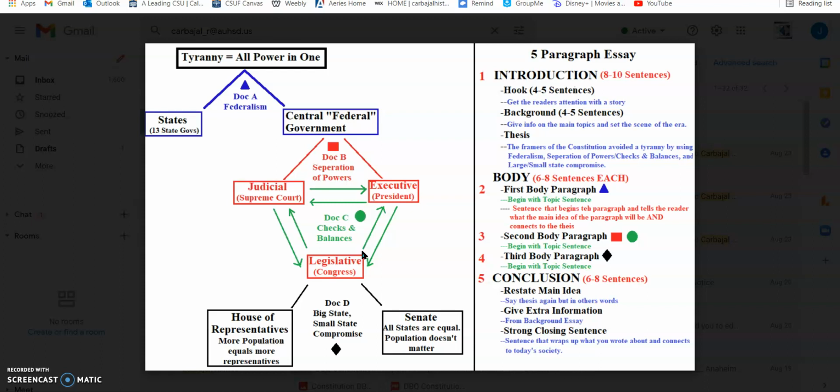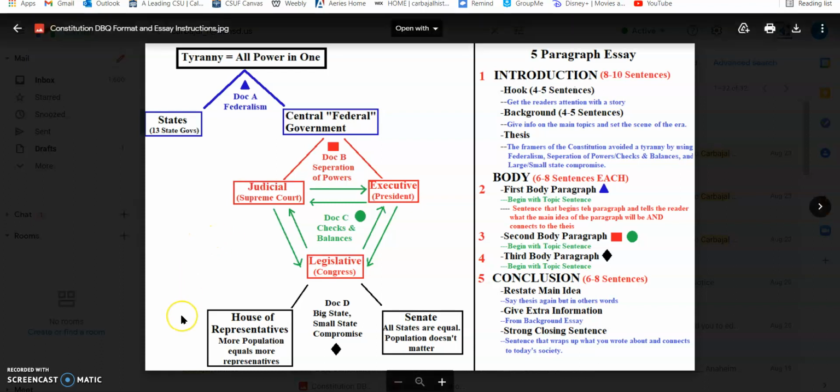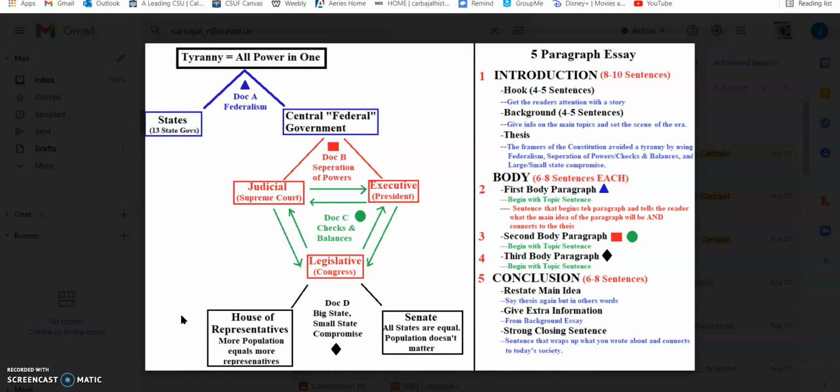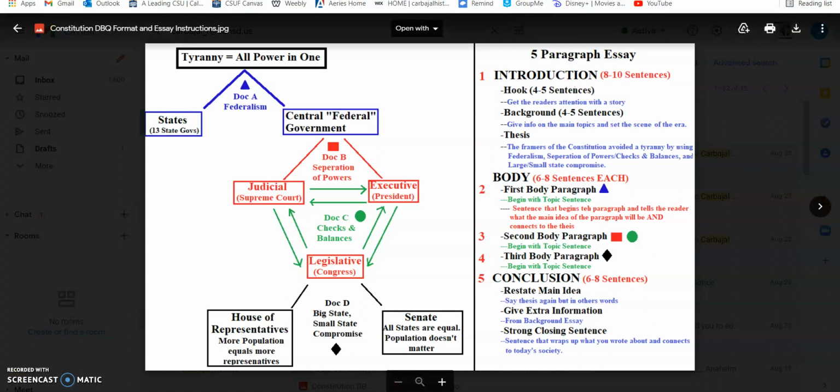You can put yourself in an era with the king, or you can use an example of a police officer. Then you give the background. What is going on with the colonists that they want to step away from this tyranny, from this tyrant, King George? And then you finish off strong with your thesis. So this is your introduction paragraph. Again, it should be hook, background, thesis.